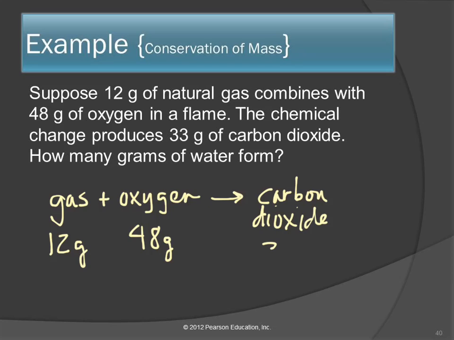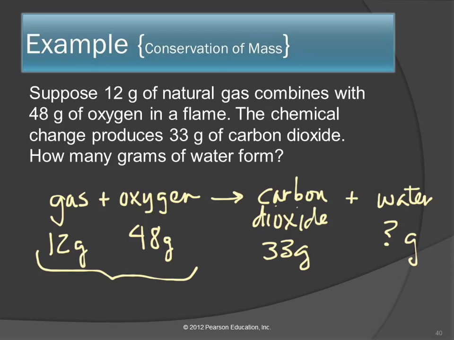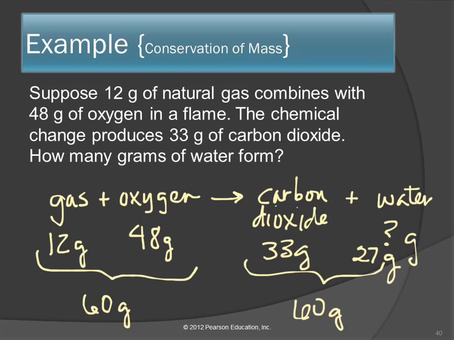And it says 33 grams of carbon dioxide, and there's water, and it says how many grams of water. Conservation of mass. The mass of the reactants, which is what, 60, has to equal the mass of the products. So it must be 27. It's just adding and subtracting.